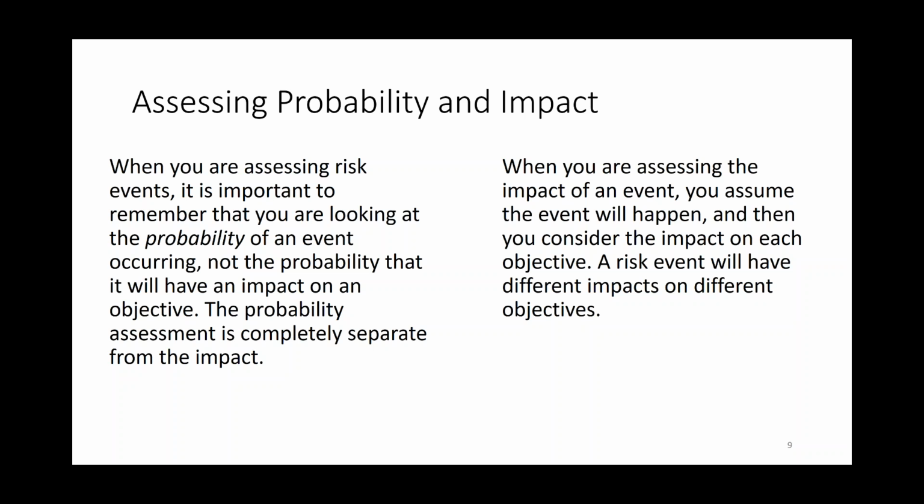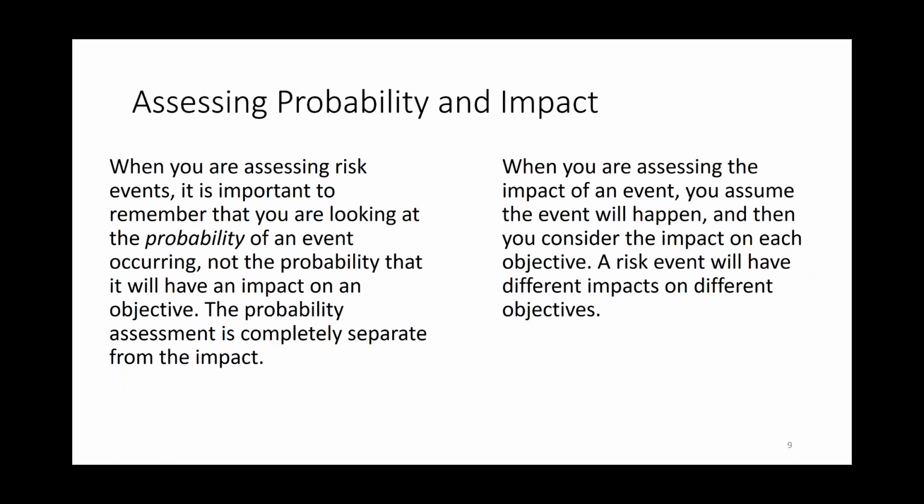What you're saying is, what's the likelihood that this thing could happen? Period. What's the likelihood that this thing will happen? Oh, 80% chance or 40% chance or a high probability it'll happen. You're just looking at the event, not the impact or consequence of any event happening, just what's the likelihood it'll happen.